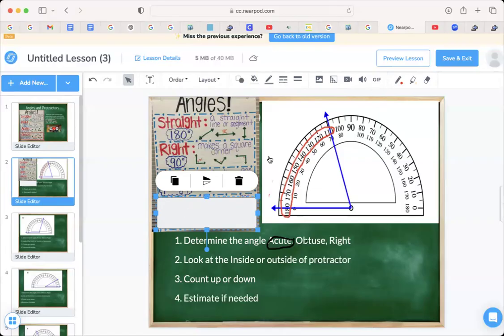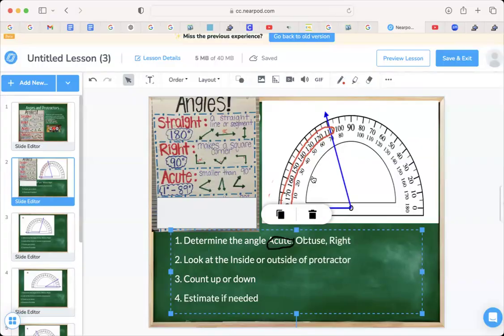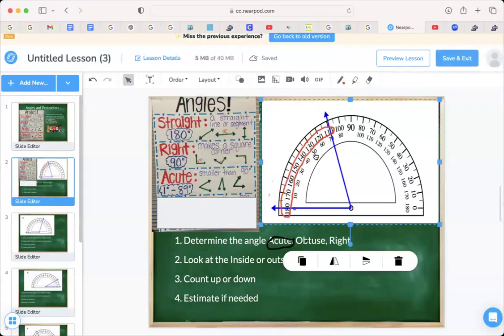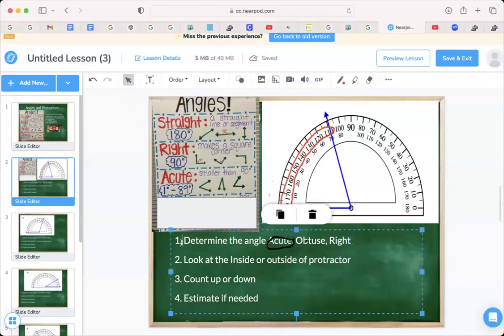So we are not looking at the outside, at these red ones, these degrees, because we already determined this is a small angle. This is an acute angle. So that means I have to look on the inside at these smaller numbers from 1 to 89 degrees, okay? First step, determine if it's acute or obtuse.